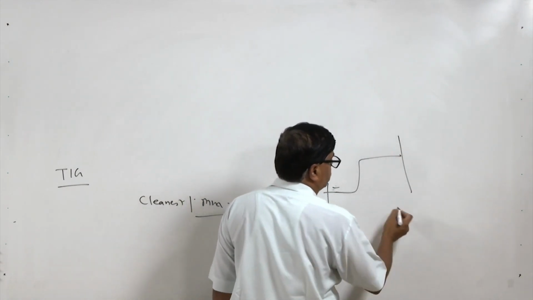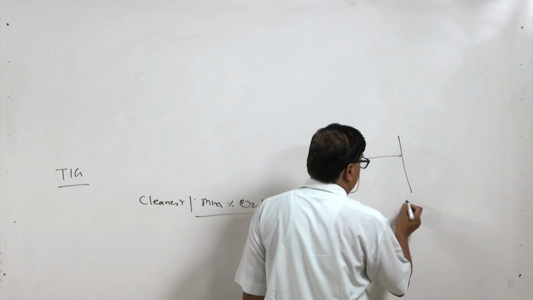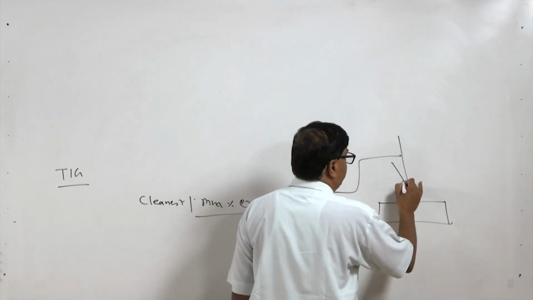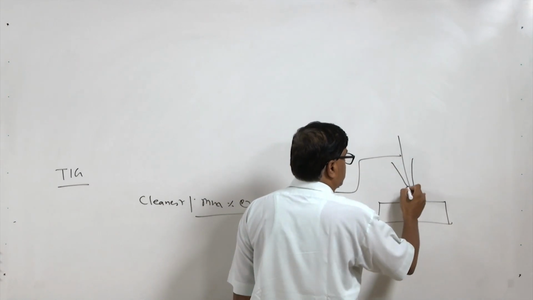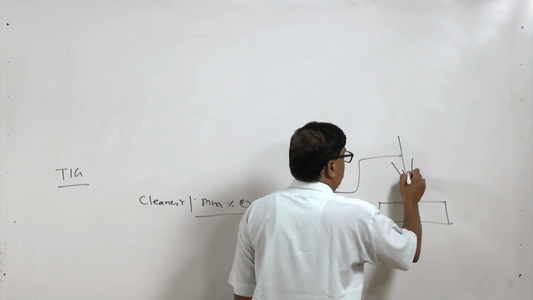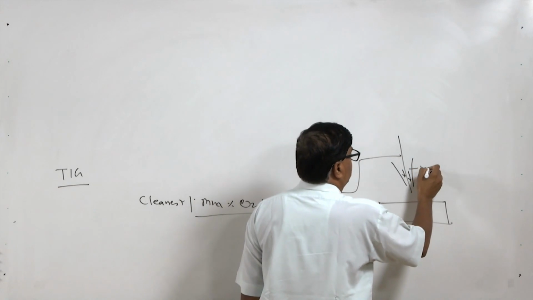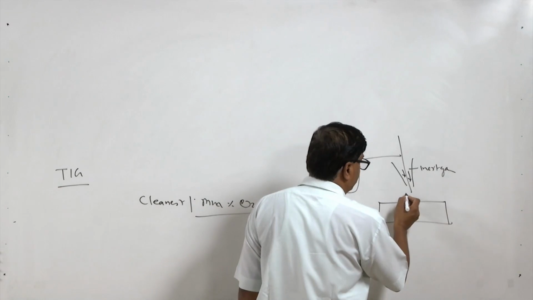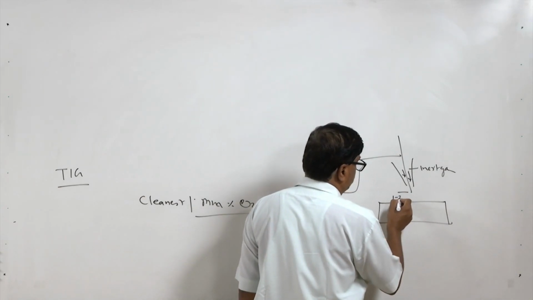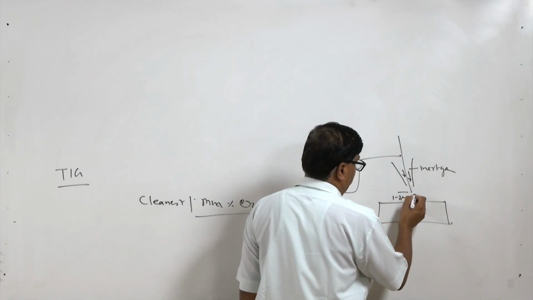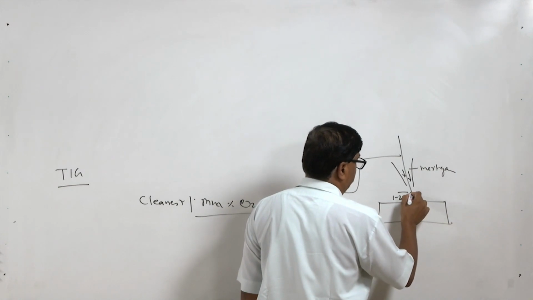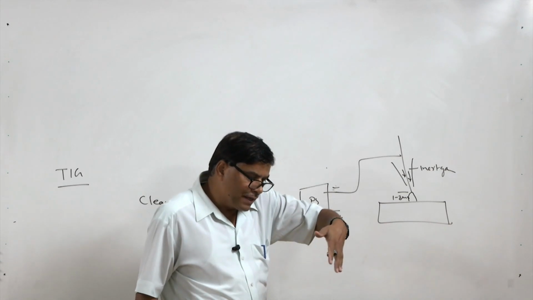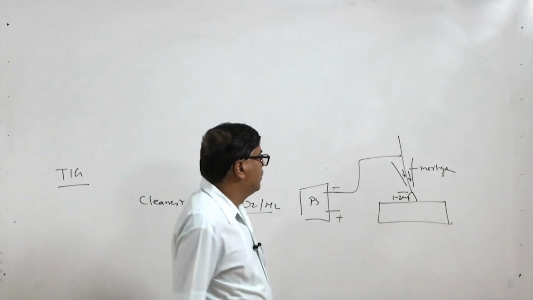This is the tungsten electrode, and here is the workpiece. We have a torch with a nozzle, and through this our inert gases come out. This gap is generally 1 to 3 mm in case of GTAW, meaning the arc length is 1 to 3 mm, and the electrode is moved consistently over the surface of the workpiece.